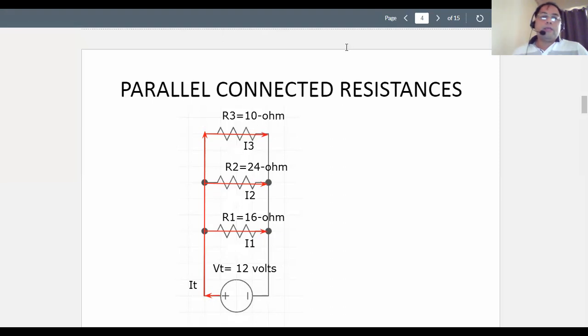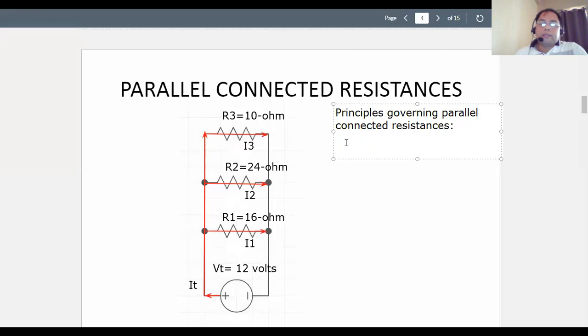Now let's have a summary of our equations or expressions governing parallel connection. I think we summarized that last time. No? So let's have it. The very first principle that we will see here is that of the voltage. We understand that in series connections they all have equal currents, while in parallel they will have equal voltages.